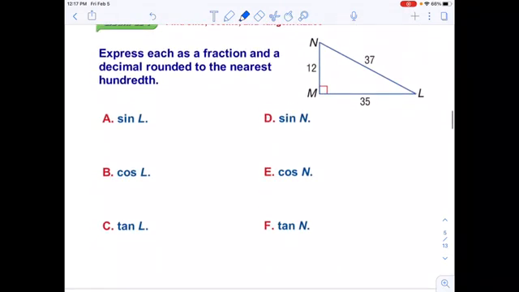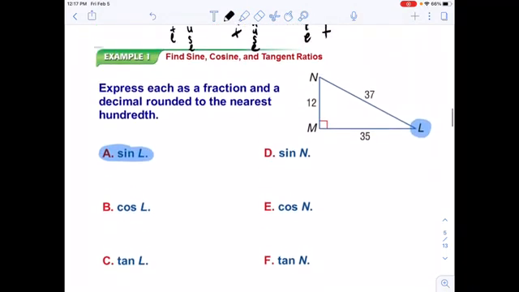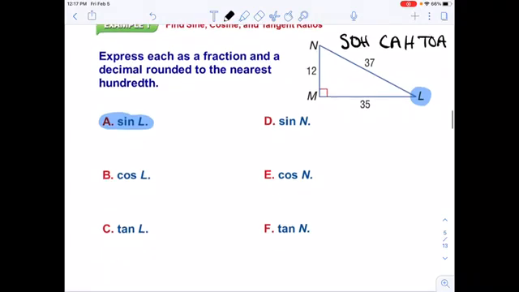So we are going to express each as a fraction and decimal rounded to the nearest hundredth. We are going to be standing at angle L. I'm going to rewrite my SOHCAHTOA up here. Notice I have sine of this, so sine from angle L is going to equal opposite.